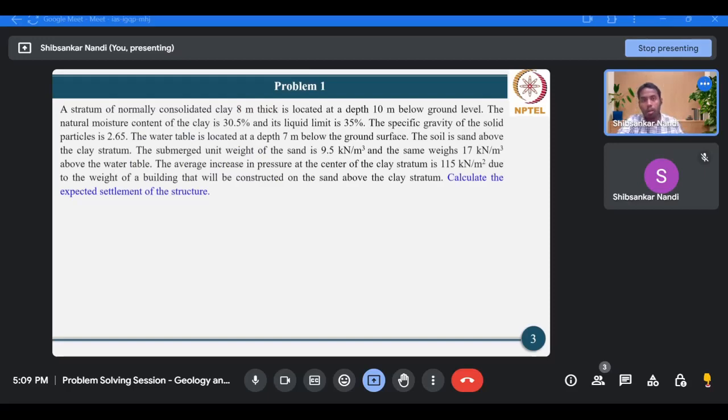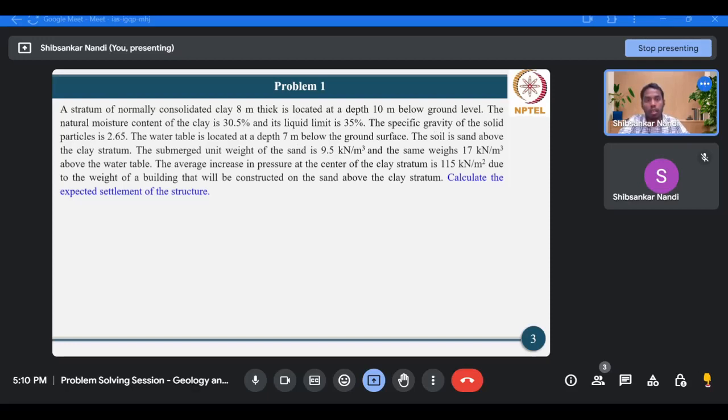This is problem number 1 for this session. In this problem, a stratum of normally consolidated clay 8 meter thick is located at a depth of 10 meter below ground level. The natural moisture content of the clay is 30.5% and its liquid limit is 35%. The specific gravity of the solid particles is 2.65. The water table is located at a depth of 7 meter below the ground surface.